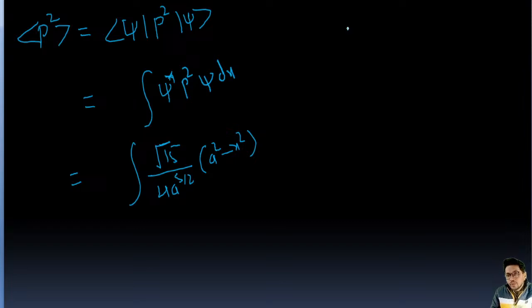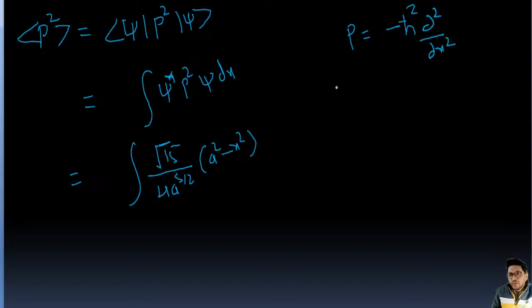So we know p square equals minus h cut square del square over del x square.